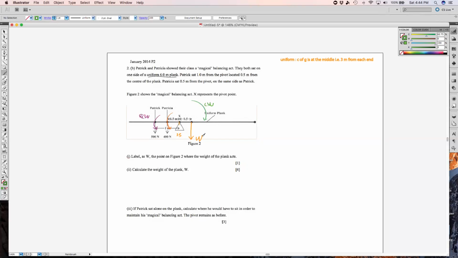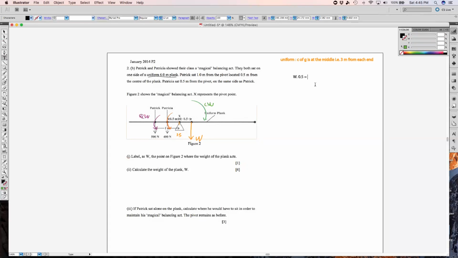Now, for the W, the clockwise moment will be W, the force, again, from what we just saw. The moment of this force is this force multiplied by this distance. So for the clockwise moments, it will be W multiplied by 0.5. And that will be equal to the sum of the anti-clockwise moments.